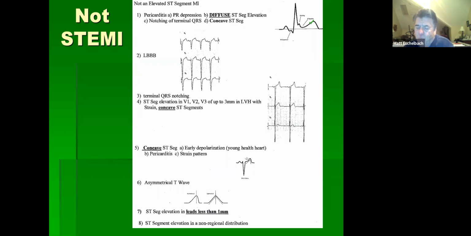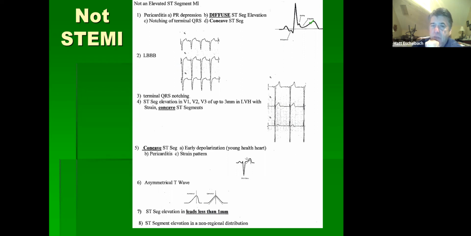You can have 1, maybe 2 vessels, but you're not going to have 4 vessels having an MI all at once. So how do you explain what looks like an MI all over the heart? Well, the pericardium covers the heart, and that's what pericarditis is.